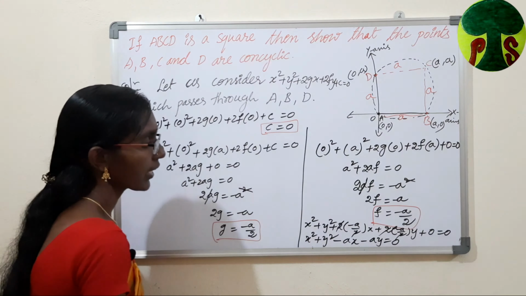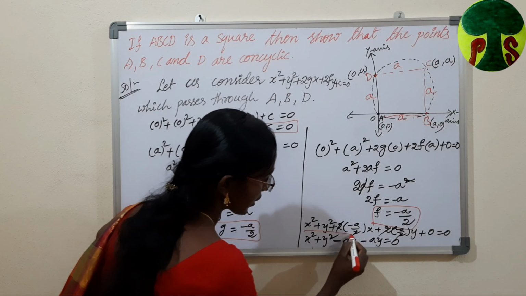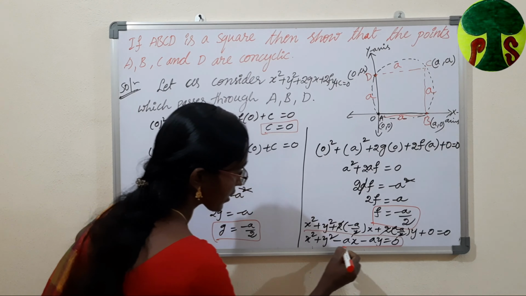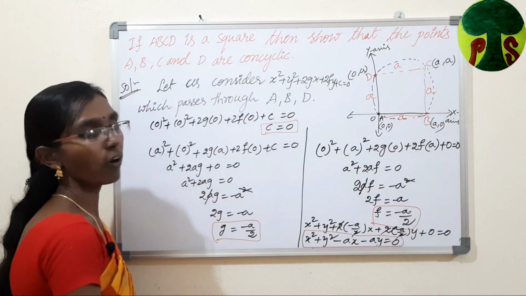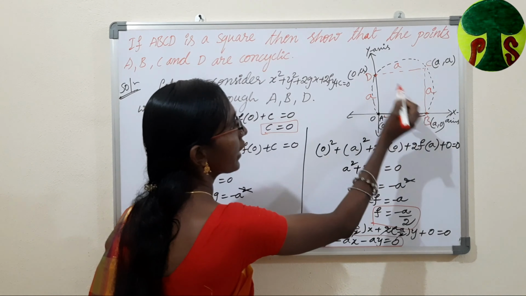This is the equation of the circle which passes through the points A, B and D.